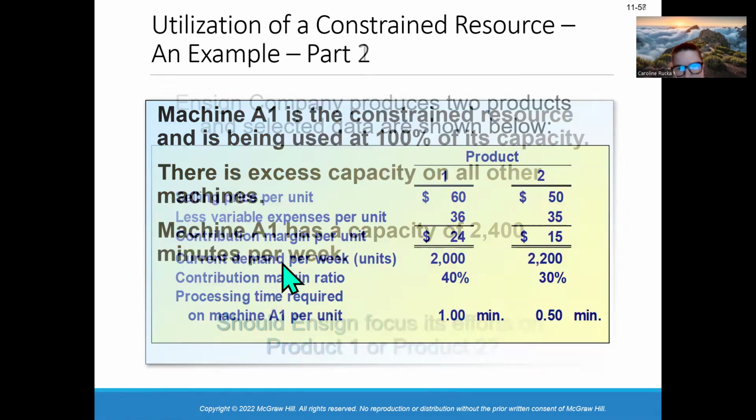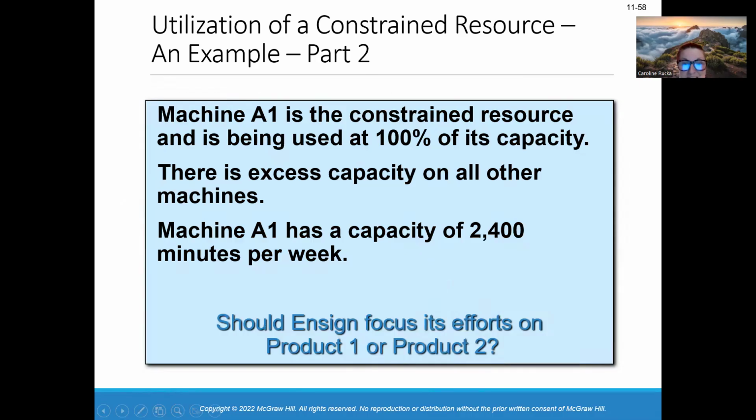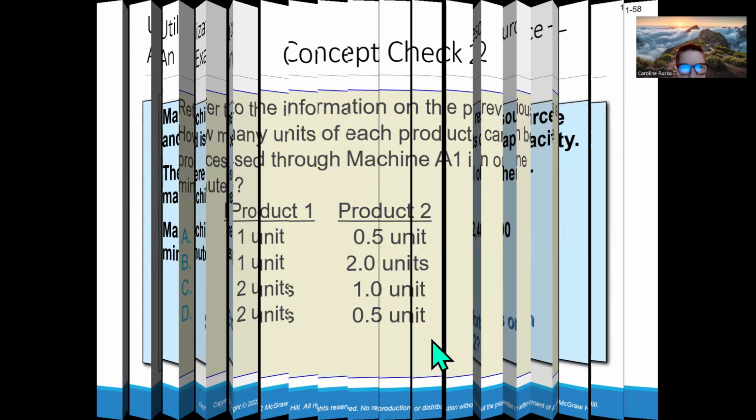Okay, so remember from here, we need 4,200 items to meet demand. We're not going to have enough hours to make that many items. We've only got a capacity of 2,400 minutes. Okay, so where should we focus our efforts? Should we focus on product one or product two?